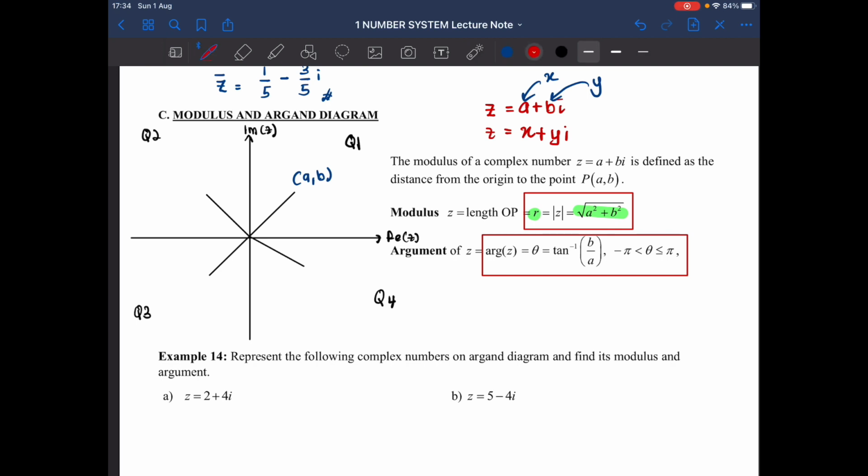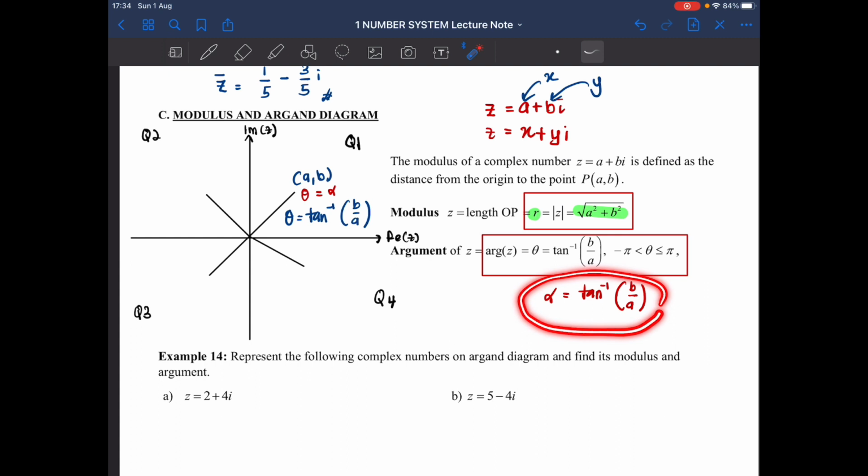So alpha is equals to inverse tangent B over A. So for the first quadrant we have theta equals to inverse tangent B over A. Alright, okay, or can use that in your first quadrant your theta is equals to alpha. Sebab benda sama kan, dekat sini saya cakap alpha is equals to inverse tangent B over A. So theta is equals to alpha, so dia benda yang sama lah.